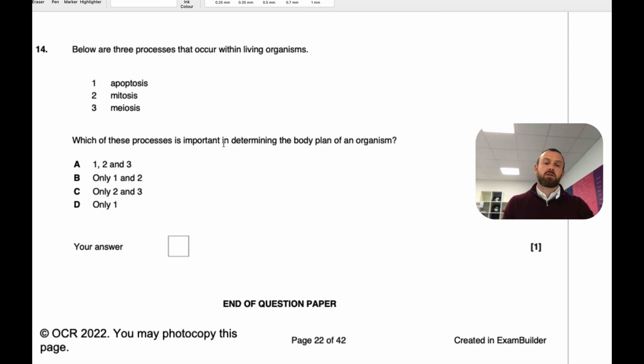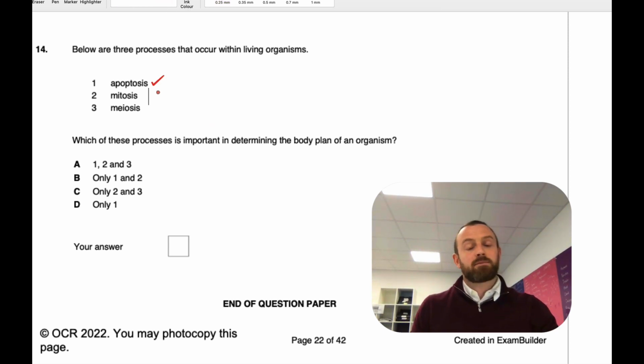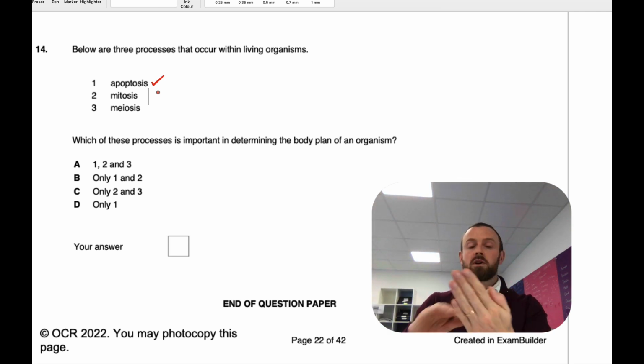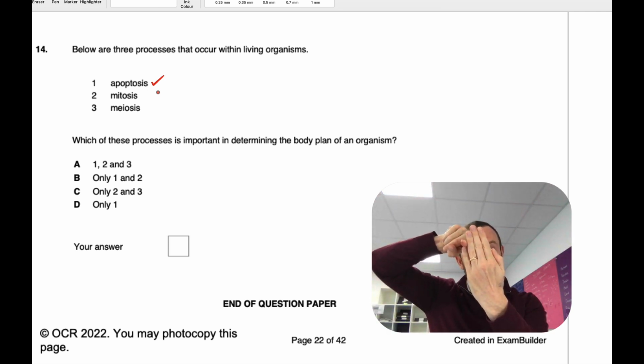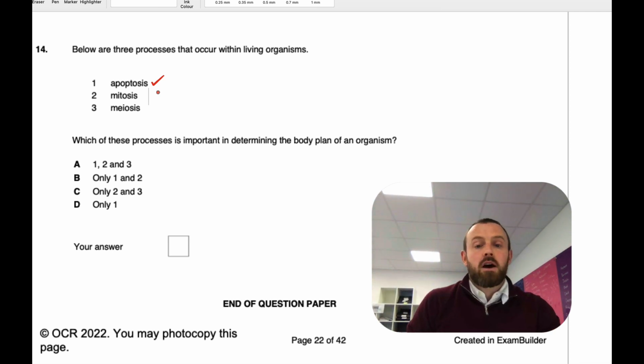All right, final question. This is the only question I could really find on this stuff: apoptosis, mitosis, and meiosis. Which of these processes is important in determining the body plan of an organism? Well, apoptosis, yes, because remember, to make a hand, in the womb the cells first make a glove, and then the skin in between the fingers dies to make a hand.